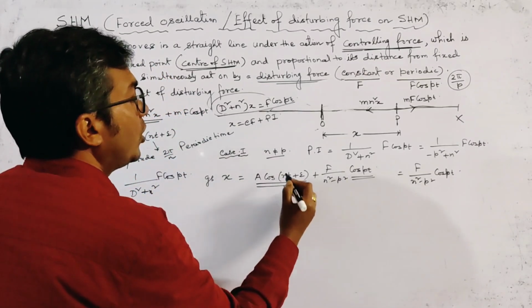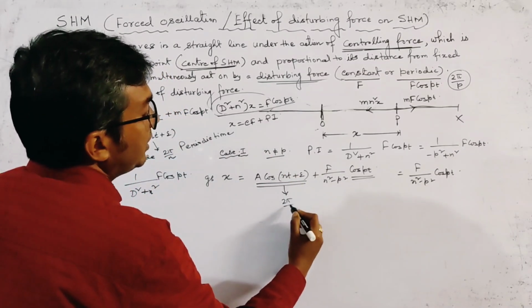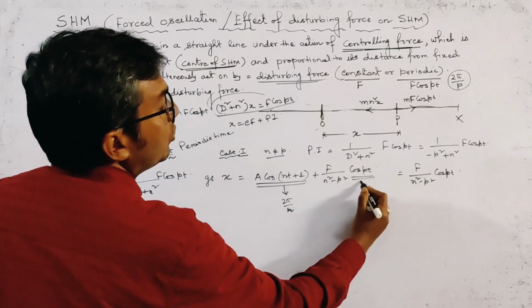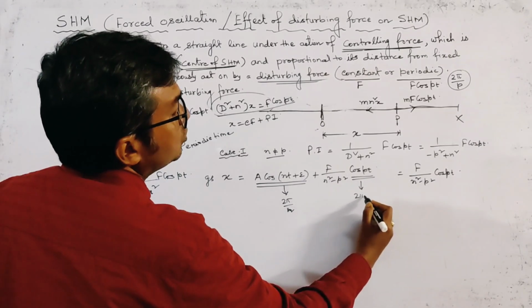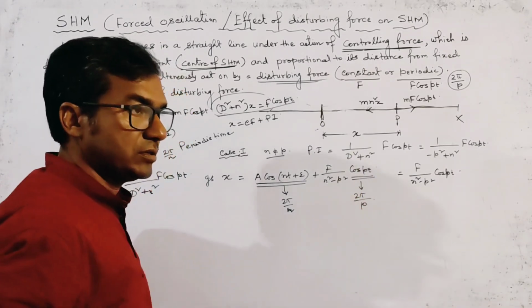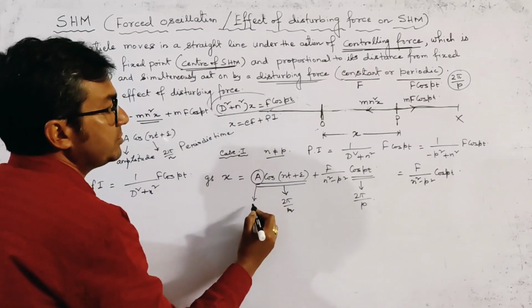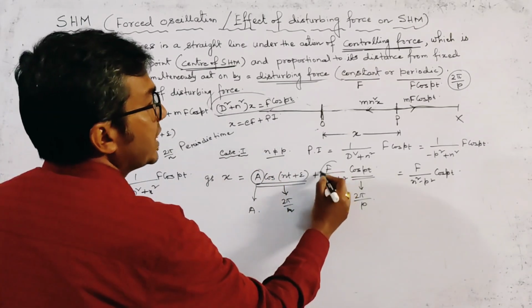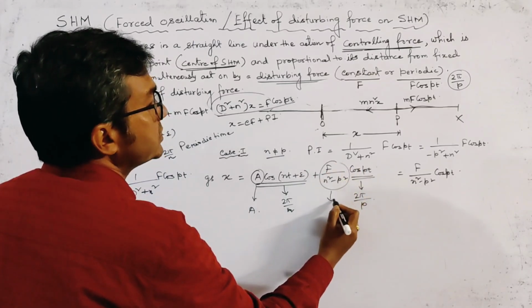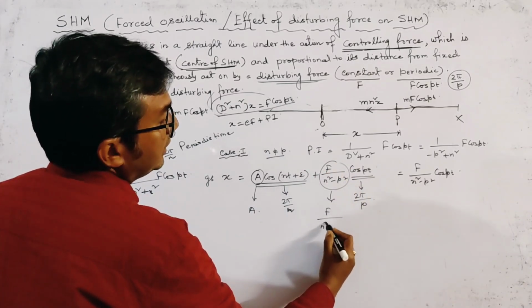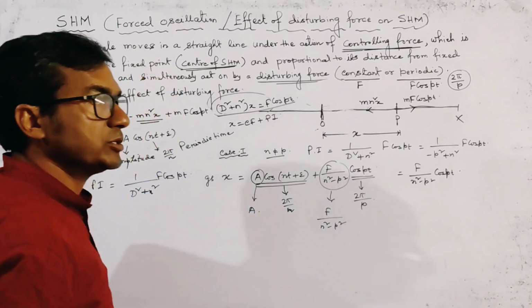The period of this motion is 2 pi by n, and the period of this oscillation is 2 pi by p. Okay, and the amplitude is constant, which is given by A, and in this case the amplitude is also constant, which is given by F by (n square minus p square).